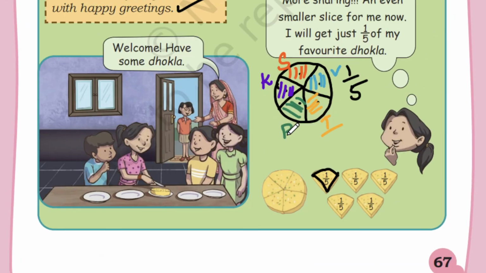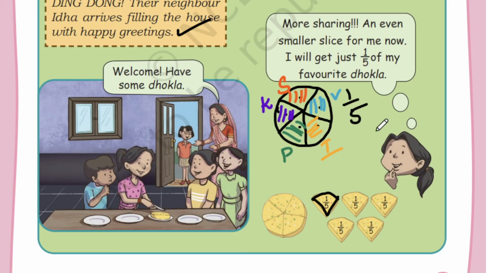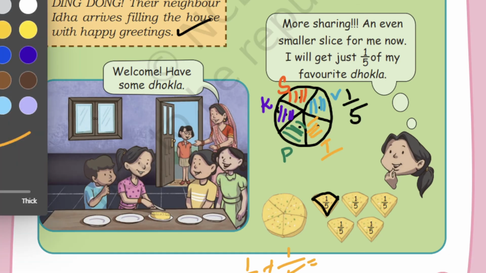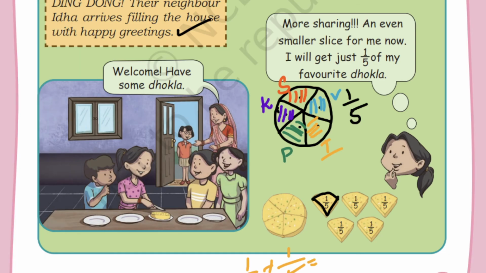So Sumeda will get 1 by 5 of her Dhokla plus 1 by 5 of Ida's Dhokla. So these two portions together she is going to get. Where is Ida? This is Ida. Wait. This is Sumeda's portion, right?